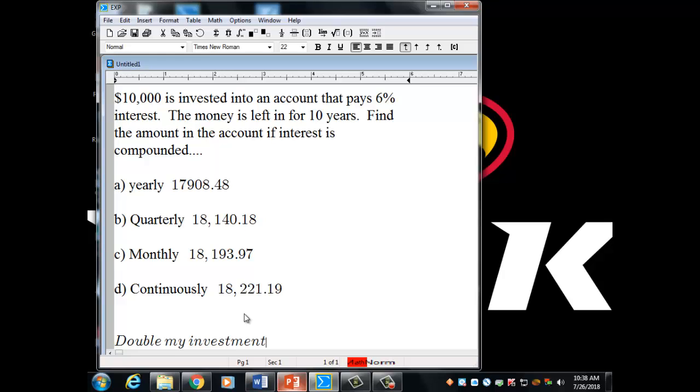At 10 years, it got to 18,000. So I think it's safe to say that it's not 10 years, and it's probably longer than that. How much longer? Is it 20 years? 15 years? How do we go about doing that?